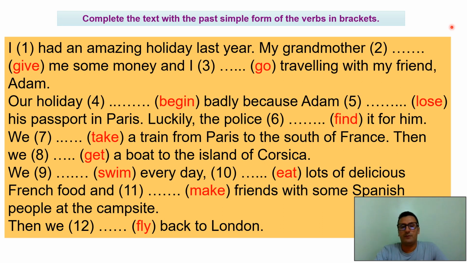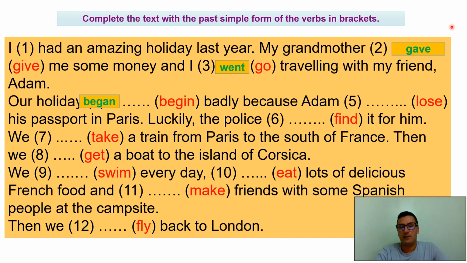Directement la réponse. I had an amazing holiday last year. My grandmother gave me some money, and I went traveling with my friend Adam.